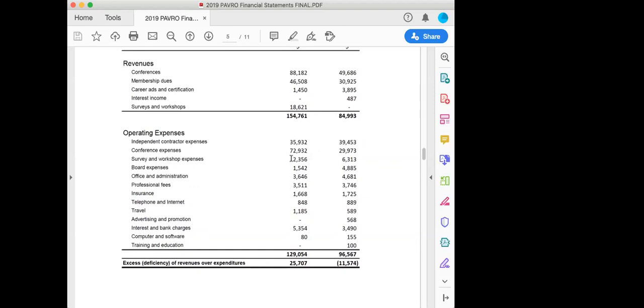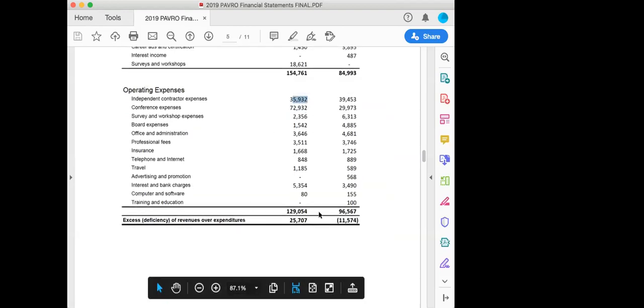Our largest expenses are the conference, because it was a little bit more expensive and bigger, at a larger venue too. So the expenses were higher, while the independent contractors are consistent with last year.